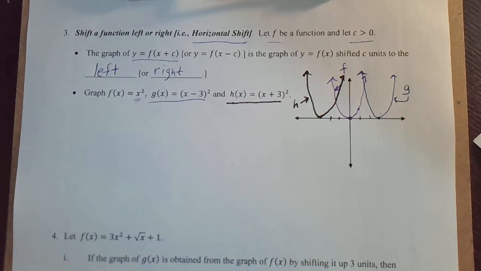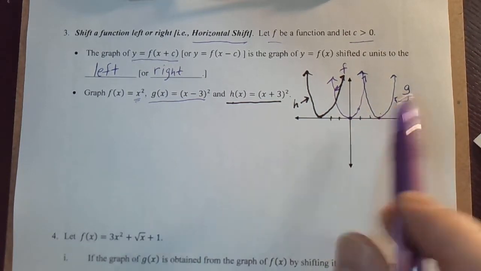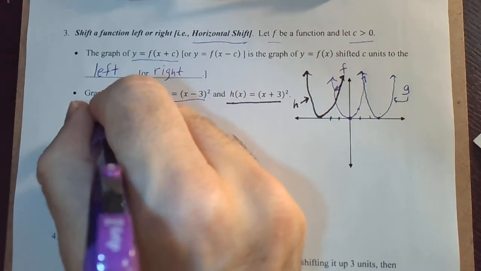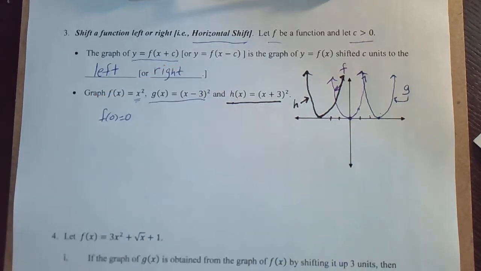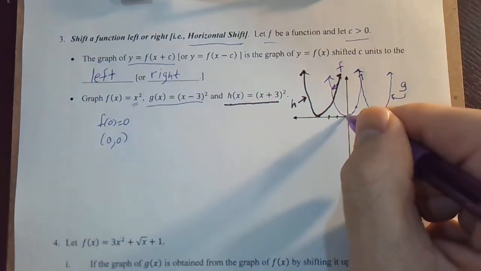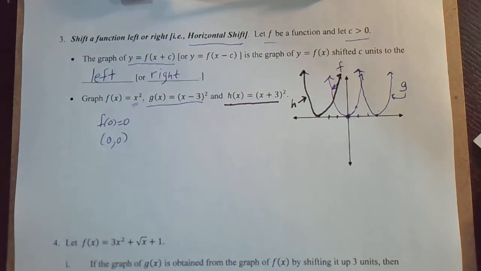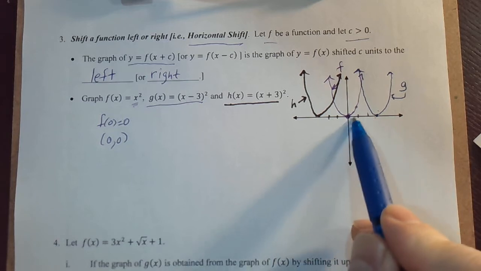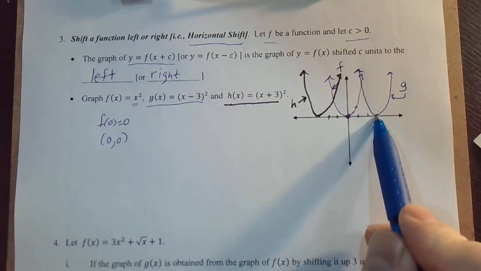And if you're not convinced that we did this correctly, let's just try something. We know that f of 0 is 0, so that gives us an ordered pair of 0, 0. That's this point right here. Now let's look at the function g. What's that point? This point is 3, 0. So if I plug in a 3, I should get a 0 out.